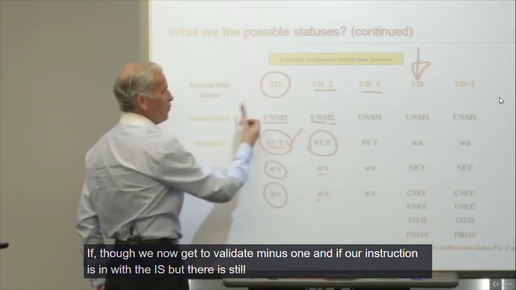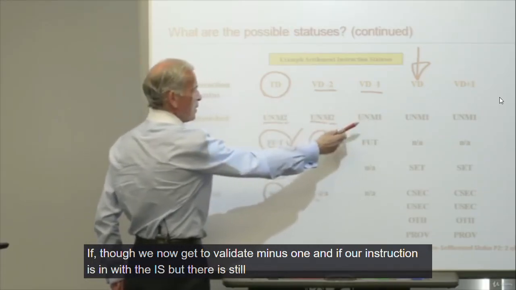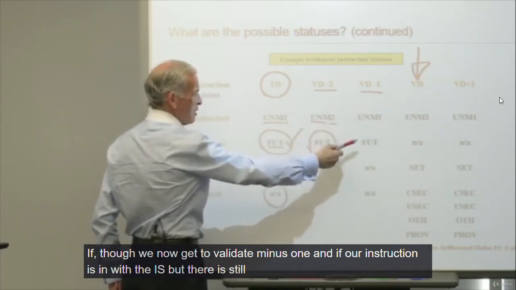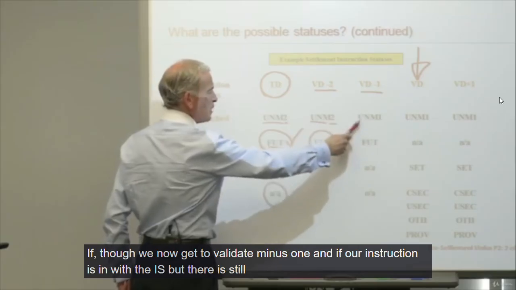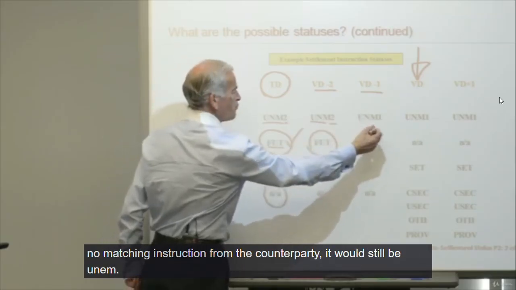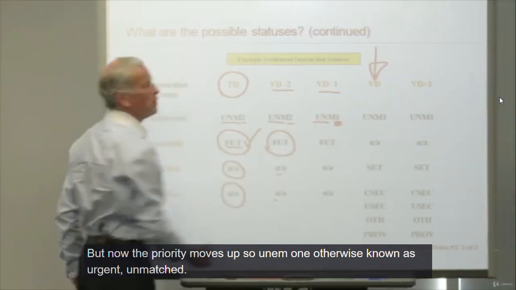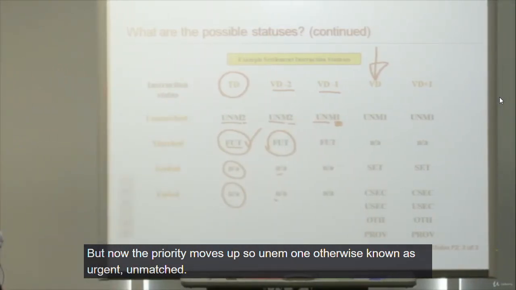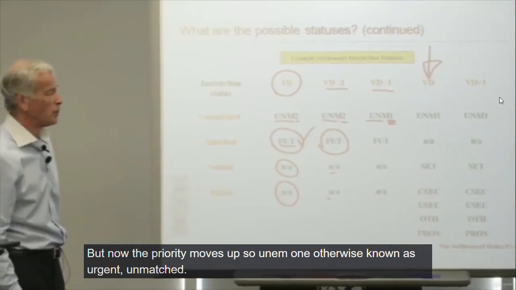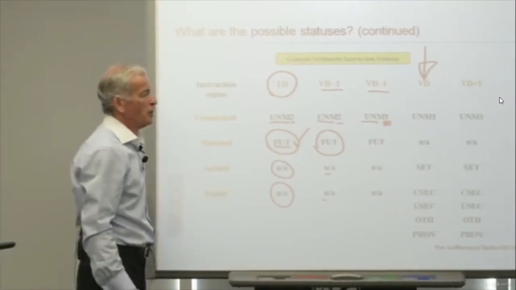If, though, we now get to value date -1, and our instruction is in with the CSD, but there is still no matching instruction from the counterparty, it'll still be UNM, but now the priority moves up to UNM1, otherwise known as urgent unmatched.